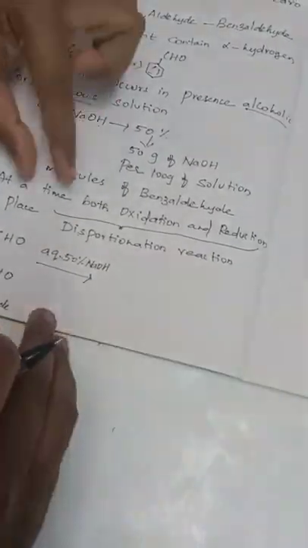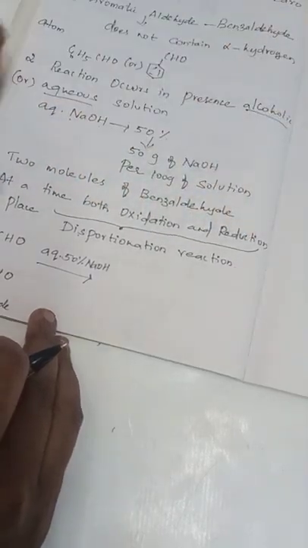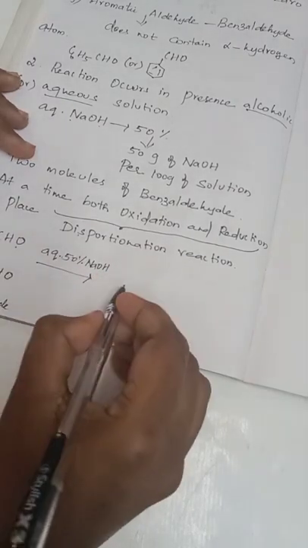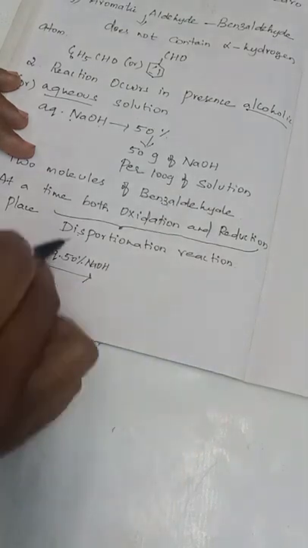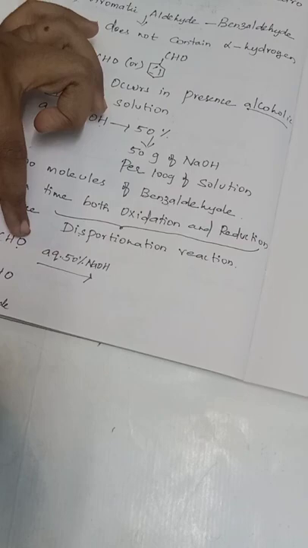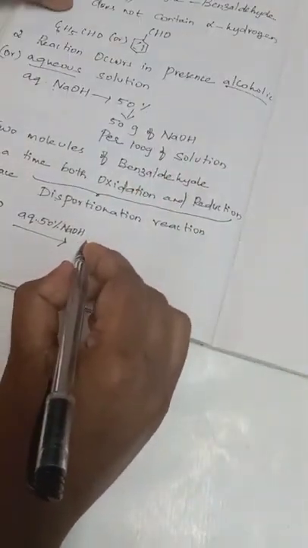We already said that both oxidation and reduction take place at a time. If oxidation occurs in benzaldehyde, our expected product is an acid.